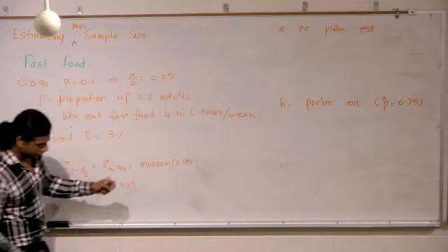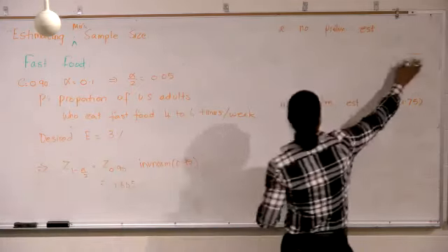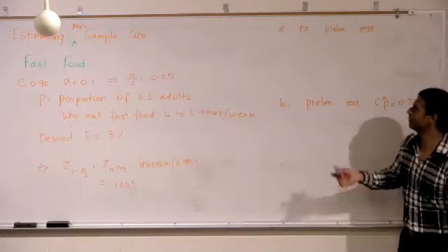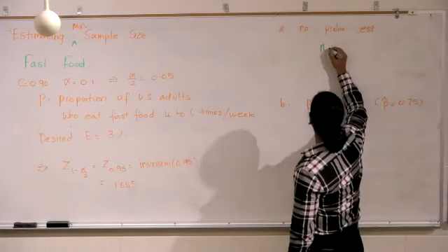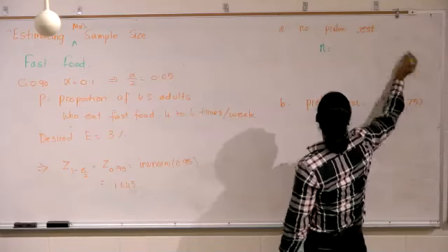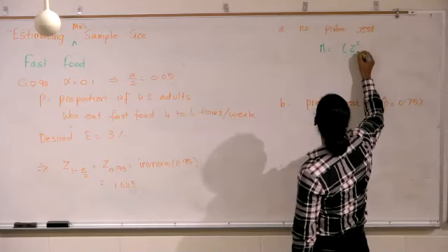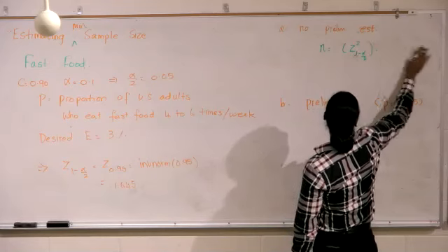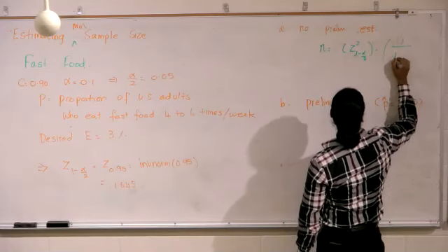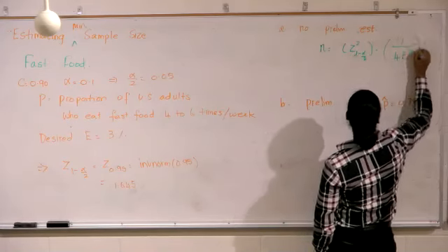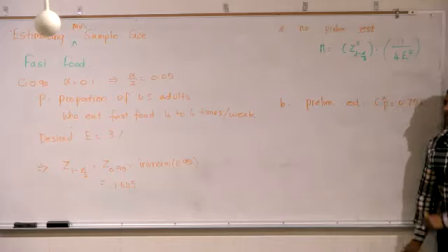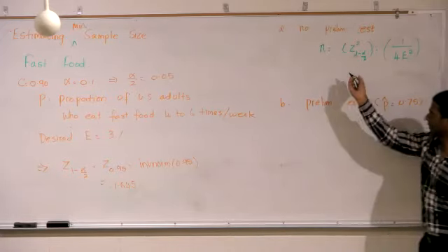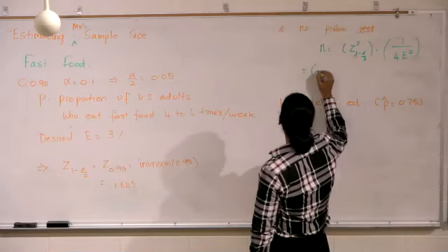So if you have no preliminary estimate, what is the formula that I wrote? The sample size is simply z squared, the critical value squared, multiplied by 1/4E squared. Yes, I know that value, 1.645.